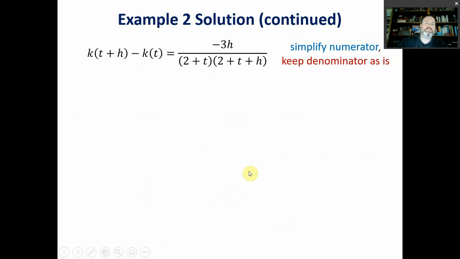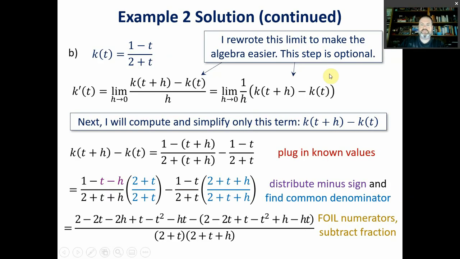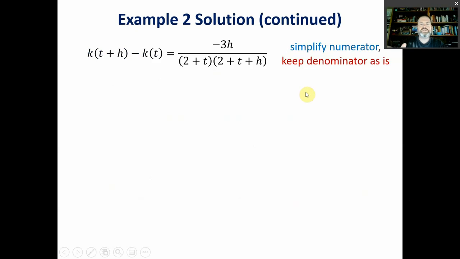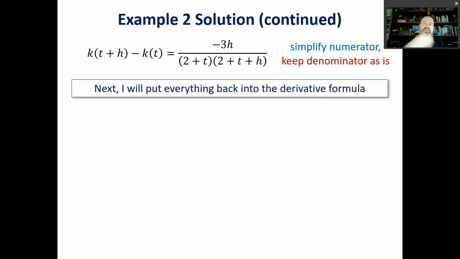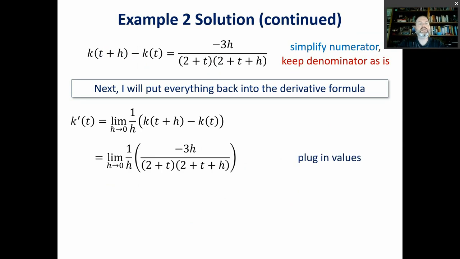So what I did is I simplified this expression inside this limit. I just got a simpler version of it, that's all. So I put everything back into the derivative formula. Here's my derivative formula. Now I plug in that simplified expression at the top of the slide, and I get this. Now we're ready to cancel the h, right?